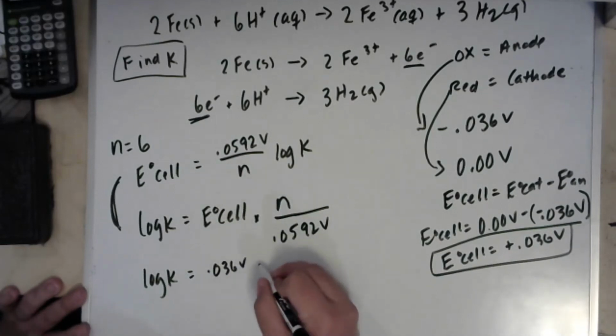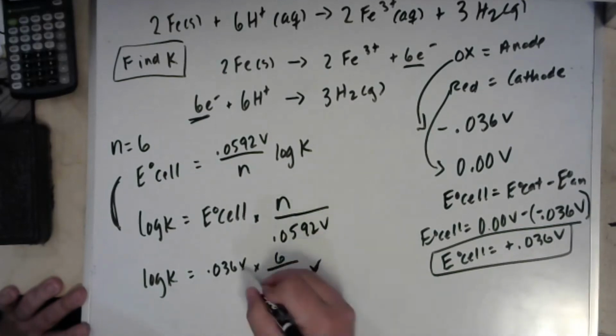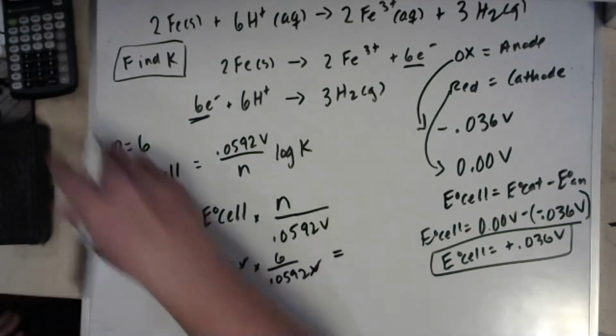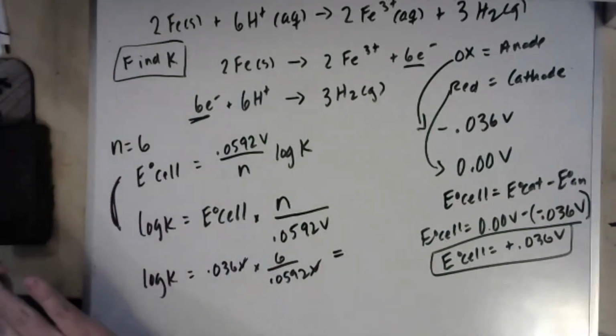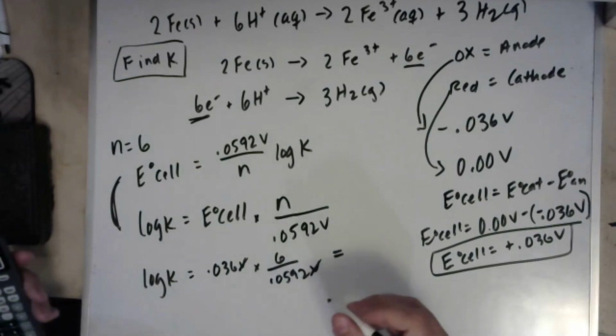But if we do it like this, you see that log K is going to be 0.063 volts times 6 over 0.0592 volts. So that'll cancel out. And we're going to get 3.649.